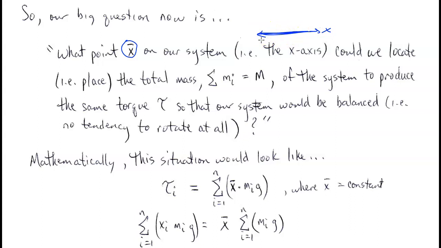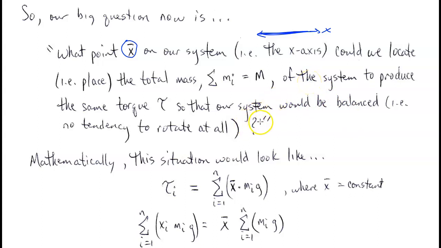We want to know what point on that x-axis of rod could we locate the total mass, and of course that's going to be the sum of all the masses of the system, to produce the same torque, so that our system would be balanced. That is to say, have no tendency to rotate.